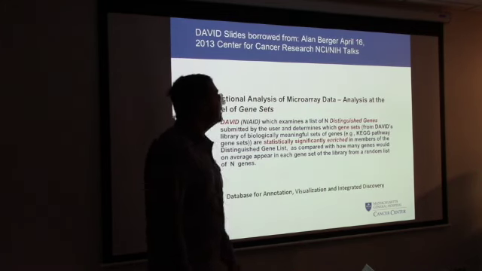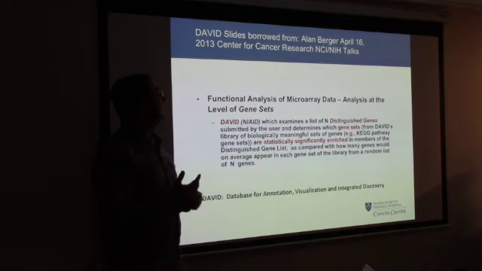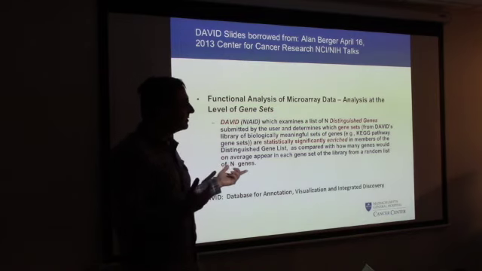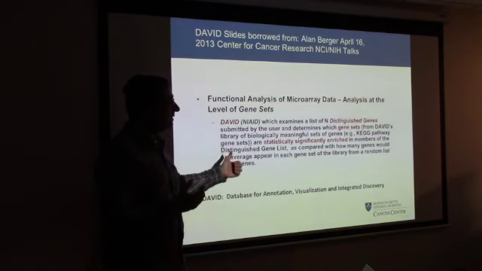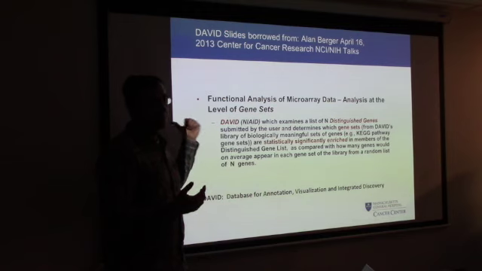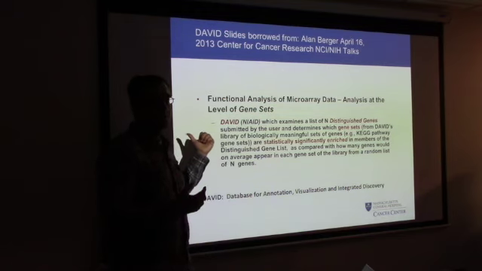All right, so here's another software that's called David, and David is written by a statistician as opposed to a computer scientist who wrote the previous one, GSEA, from the Broad. Right?